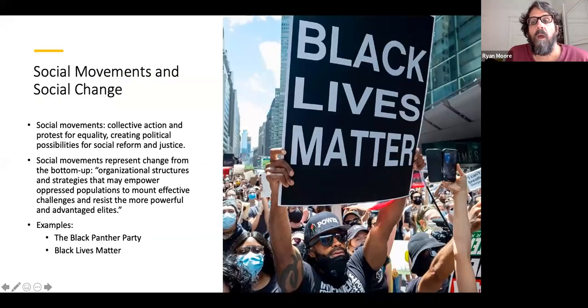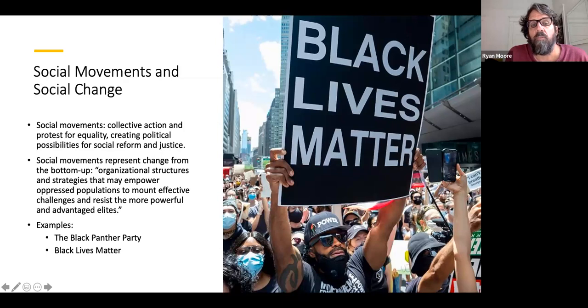So, as with the other lectures about the labor movement and about the anti-globalization movement and Occupy Wall Street, we're using this definition of social movements as forms of collective action and protest for equality that create political possibilities for social reform and justice.